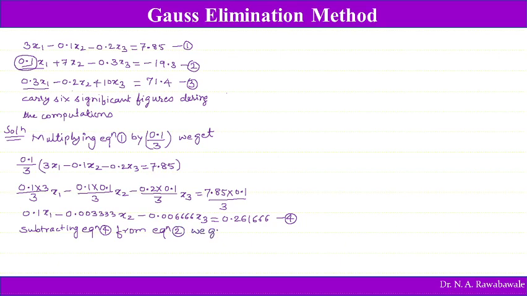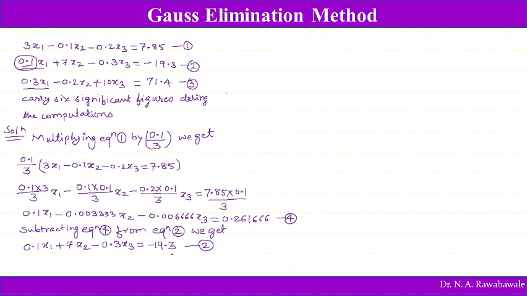First of all we write equation number 2 as 0.1x1 plus 7x2 minus 0.3x3 equal to minus 19.3. So this is equation number 2.